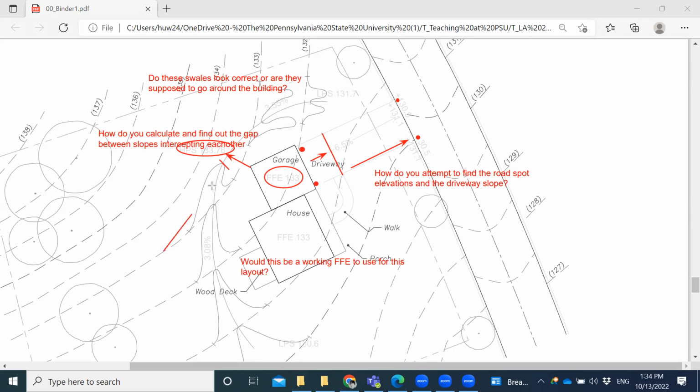It is correct that you will start over here, but then you would have your 133 wrap around your building, depending on where your FFE is. If your FFE is above 134, which it seems likely it's going to be, then we have one more contour to fit in between.